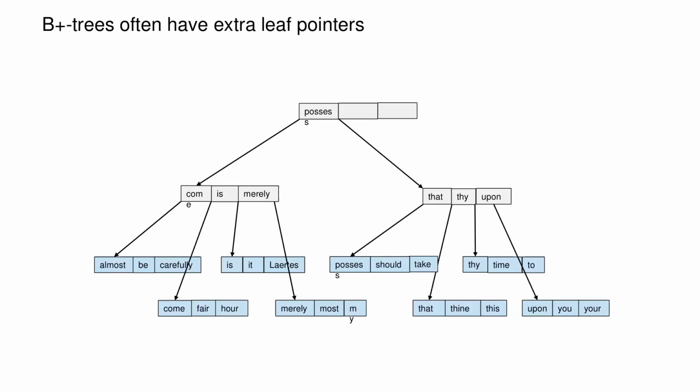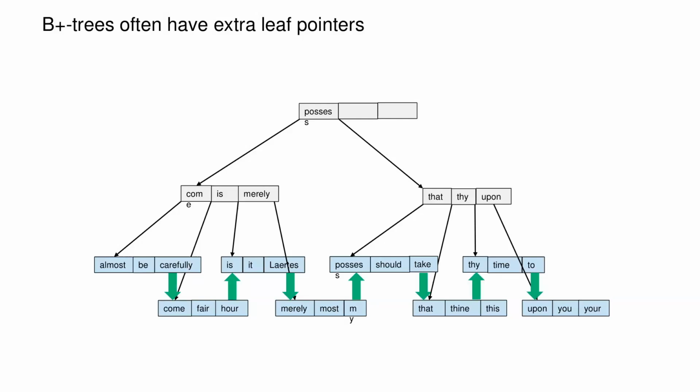Now, the B plus trees, plus sounds cool, right? It's like when you have these video on demand offerings like Disney Plus and so on. Now it's Max. Max is the new Plus. But basically, it means that there's extra features in B plus tree. It's like the premium version of the B tree.